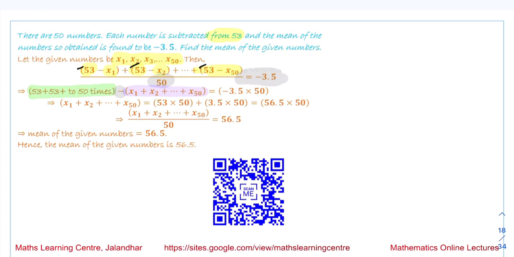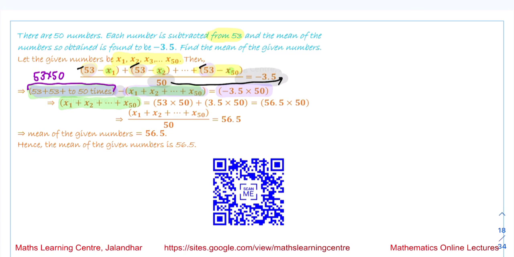So we have multiplied this 50 on this side and we are getting minus 3.5 into 50 over here. These terms we have: 53, 53, 53. We have 53 50 times over here. Then we have the minus sign common and we are left with x1, x2, up to x50. These terms we have written over here. So we get that the value of x1 plus x2 so on up to x50 is equal to 53 into 50.